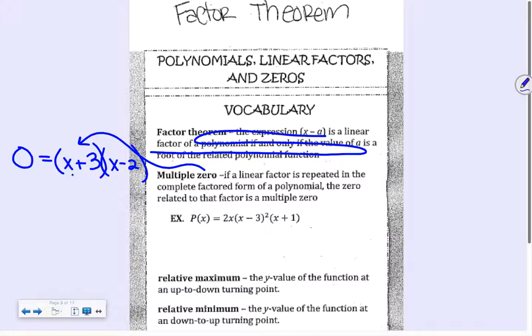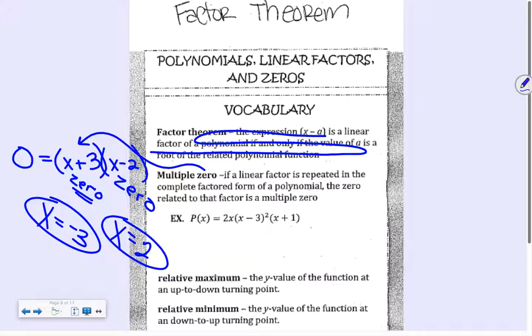Okay. -3, 2. So on the last quiz, when is x plus 3 0? When x is what? Yep, that's a 0. When is x minus 2 going to be 0? When x is 2. So you know what these are called? Zeros of your polynomial. You found a 0, negative 3. You found a 0, 2. Okay? That's what they're called.